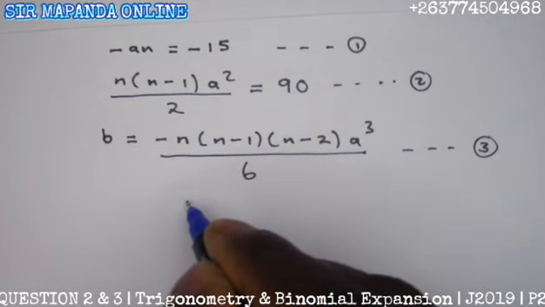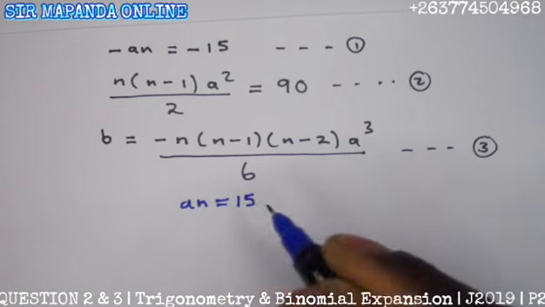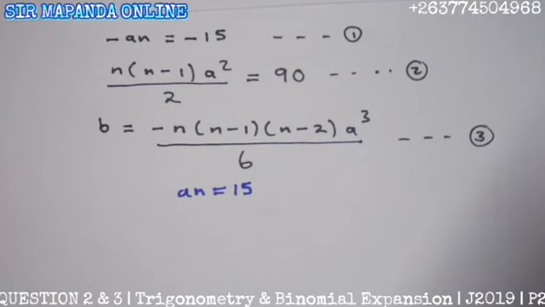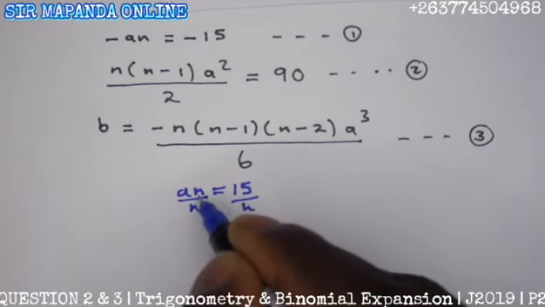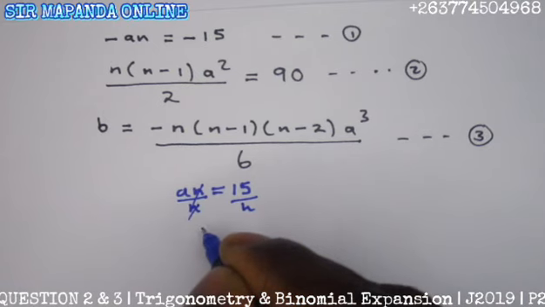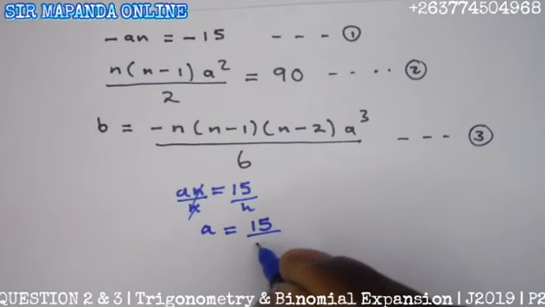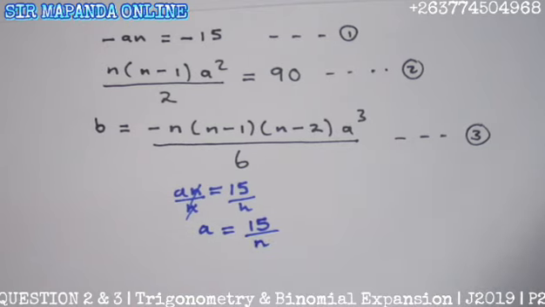Meaning to say, you'll be left with an is equal to 15. Then divide both sides by n to make a the subject. You get a is equal to 15 over n. I hope you are following, class.